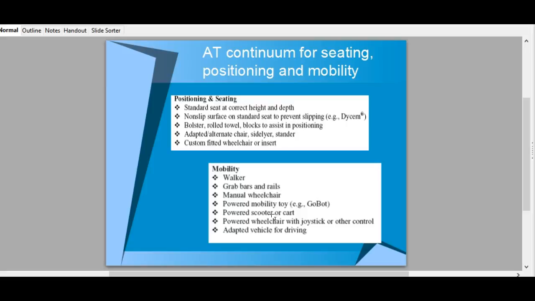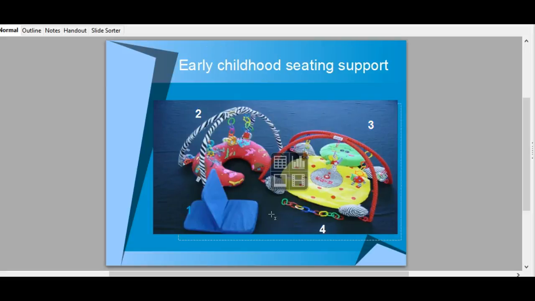From all kinds of different seats and wheelchairs and alternative chairs and walkers to bars and rails and powered mobility toys, scooters and carts, and also wheelchairs with joystick and adapted vehicles that people thought of. Even from early childhood, if there's a child that already has physical difficulties, we use what we actually use for other children.